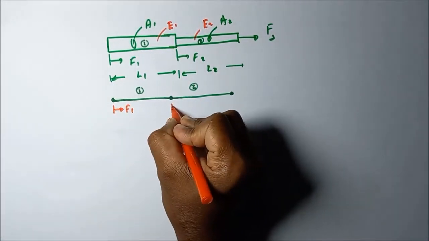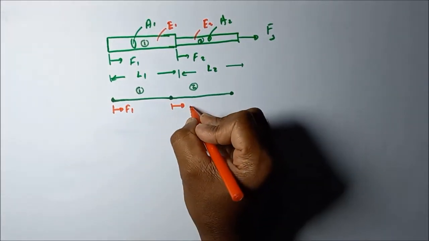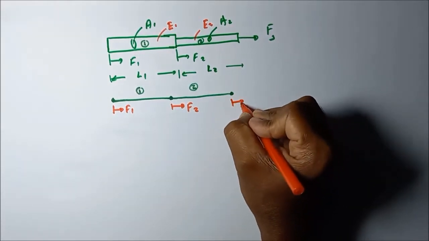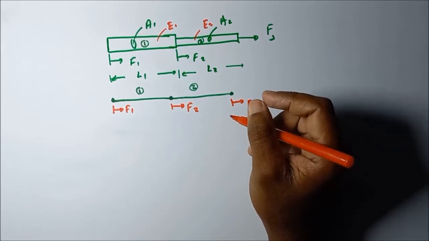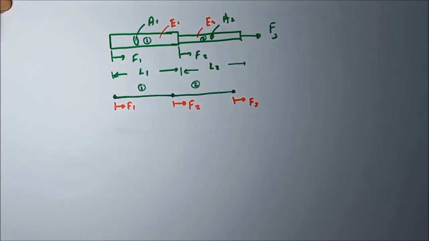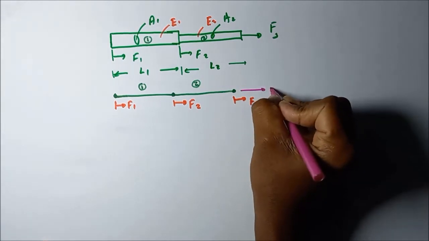F1, that means the external forces acting on these nodes, capital F1, capital F2 and capital F3. Sorry, before that we want to assign the coordinate system. Because it is linear, I'm going to assign the coordinate system in this direction, x.